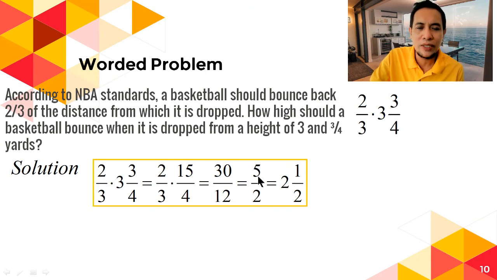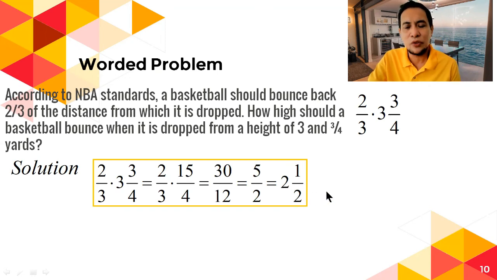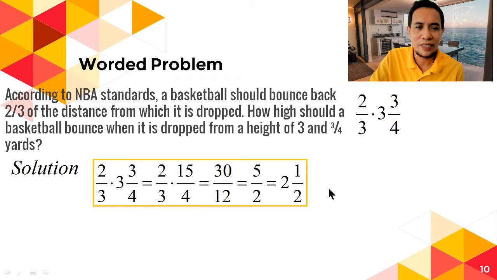So our answer would be 5 over 2 or 2 and 1/2. This is the height of the basketball bounce, because 2/3 of 3 and 3/4 is equal to 2 and 1/2 yards. So the final answer would be 2 and 1/2 yards.